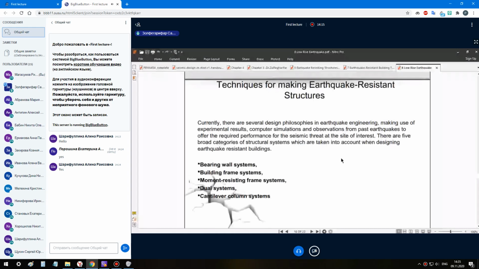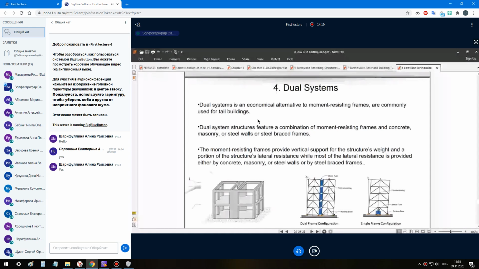Another way is using the dual system in the building. Dual is an economical alternative to moment resistant frames and is commonly used for tall buildings.